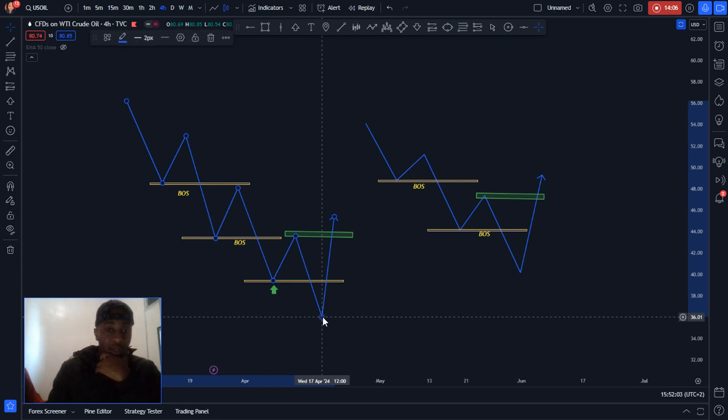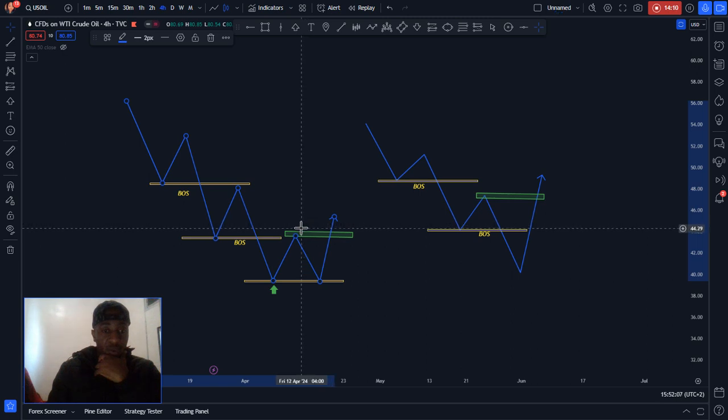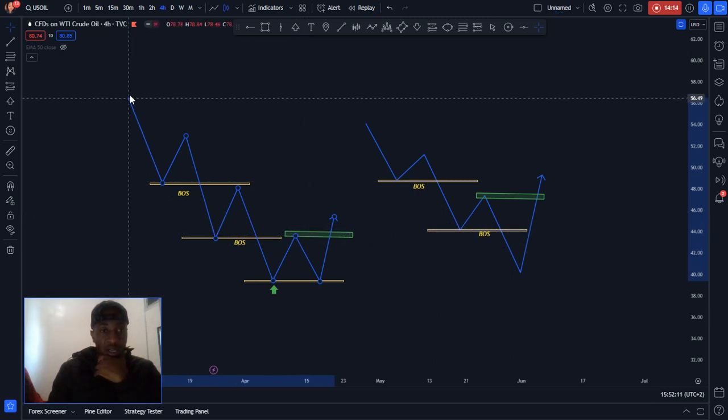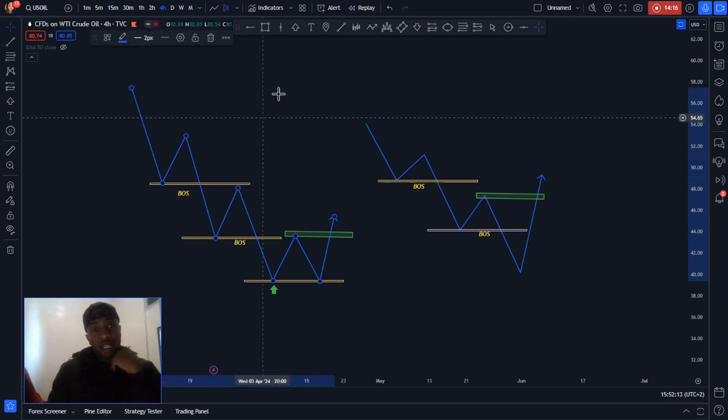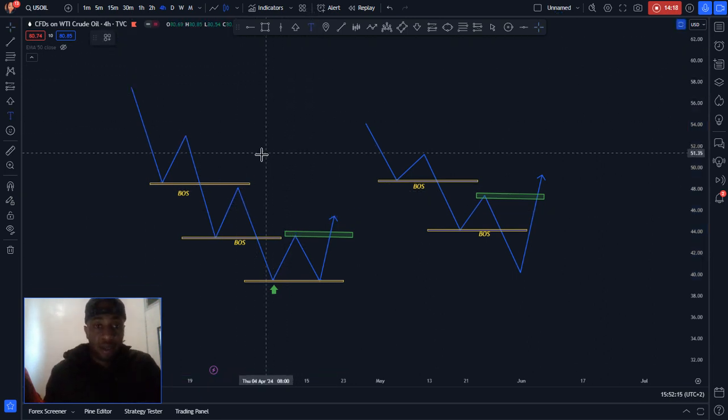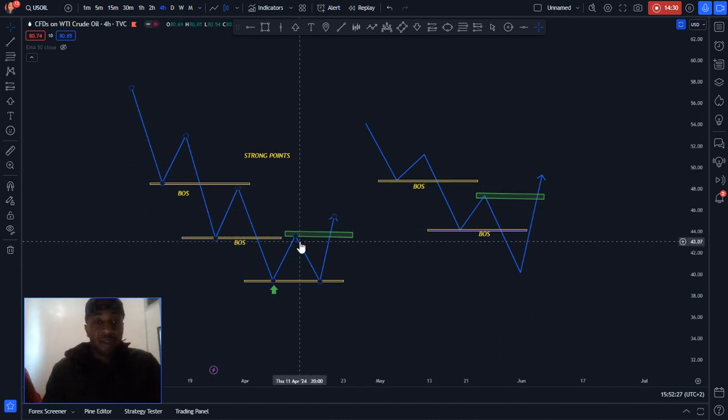But the market did what? The market failed to break below this point, and then decided to break above this strong point, because the lower highs in a downtrend we consider as the strong points. So the moment the market breaks above one of these points right here, it means the market has broken above the strongest point.